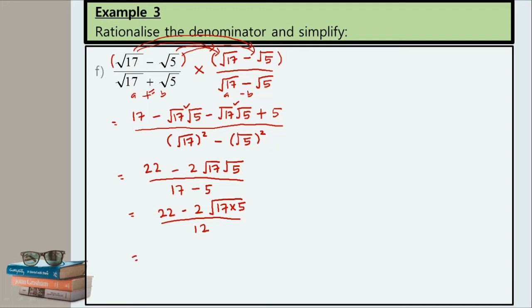So now 22, 2 and 12 we can simplify. 22, 2 and 12 we try divided by 2. 22 divided by 2, 11 minus 2 divided by 2, 1. 17 times 5, 85 divided by 12 divided by 2, 6. So this is our final answer.